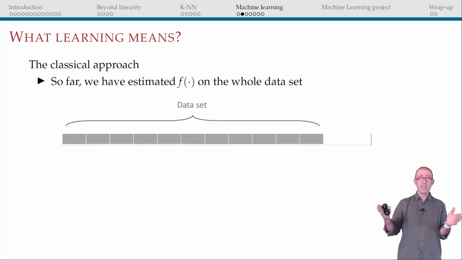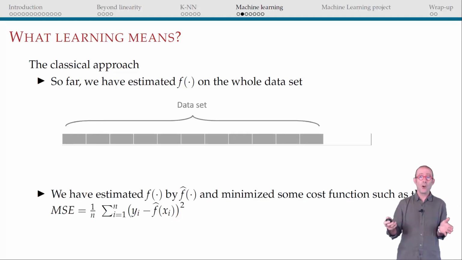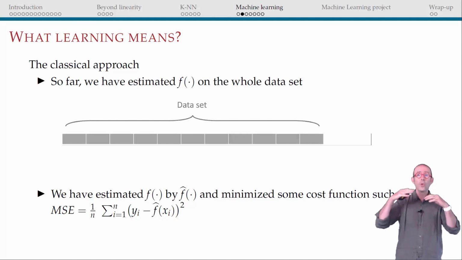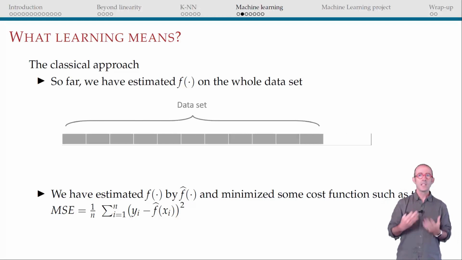So you have a data set, you estimate F on this data set, and we try to find the best fitting to the data set using some cost function, such as the MSE, for example, that I recall here, that is the minimum distance between what you estimate for F and what you observe for Y on the whole data set. This is what you have done all your life.